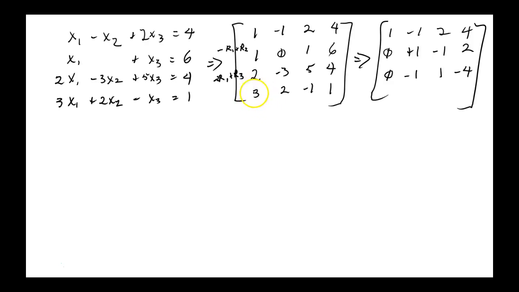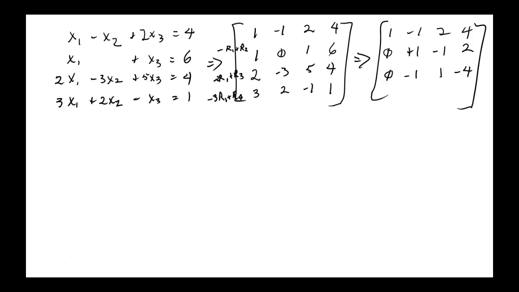The 3 needs to become a 0. How do we make that happen? -3, row 1, plus row 4. Time out a moment here. I want to give you a big hint here if you haven't noticed already. Since we're working with leading ones only, to get this to become a 0, do the opposite of this times that plus this.